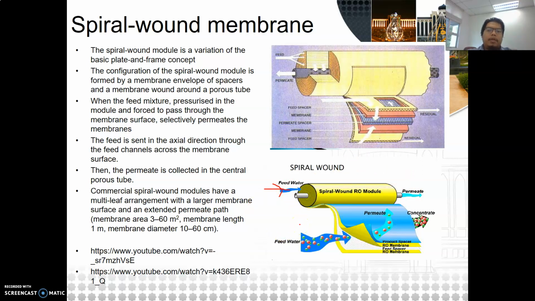So there are a lot of commercial spiral modules that vary in size and length.